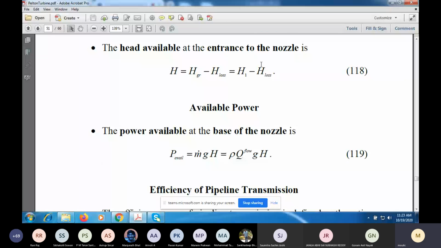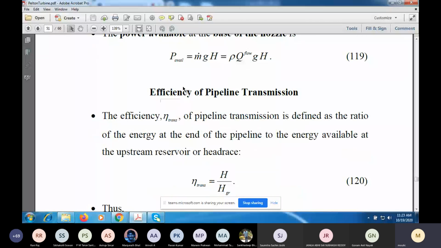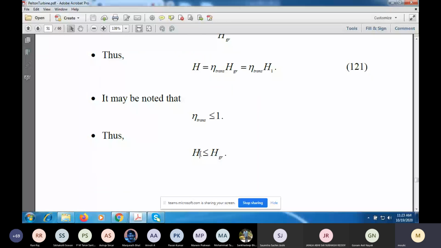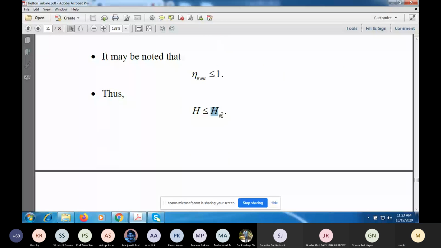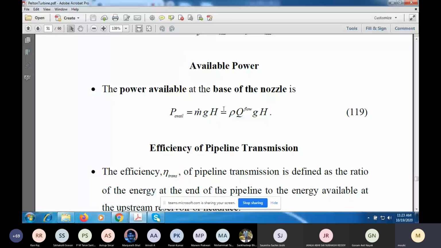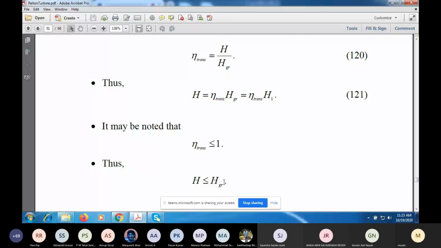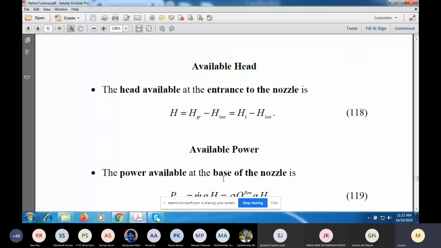From that, if you subtract the head loss, you get H, or multiply H by the efficiency, if that is given. So this H will be less than or equal to the gross head. If the head loss is 0, that is if you idealize everything, then it will be equal to H1.